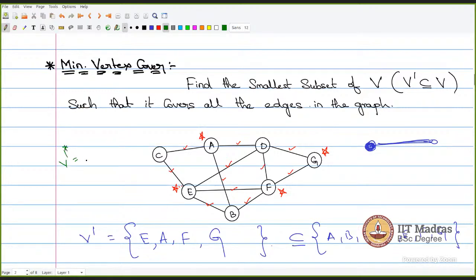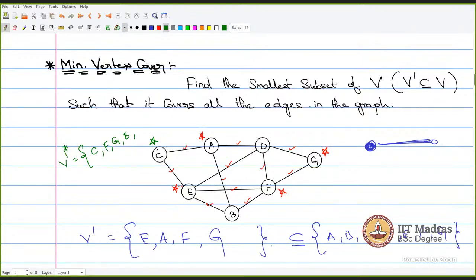So I started from C. And again I choose F, G, B. See, C covers this edge.